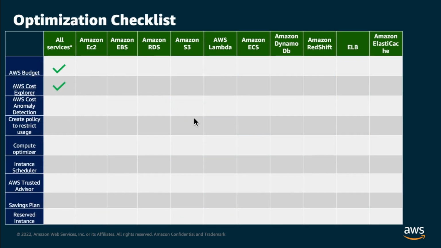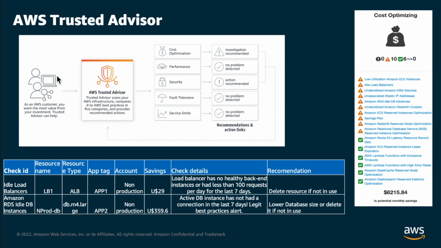Okay, so now we add AWS Budgets, all services as well, and Cost Anomaly Detection. The next two we're going to talk about now is AWS Trusted Advisor. And AWS Trusted Advisor has a lot of checks that will help you with cost optimization. It will show you idle resources that you could be terminating or deleting, and many other things you can get from it.